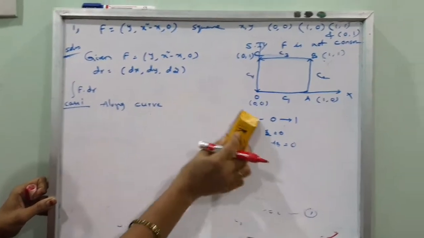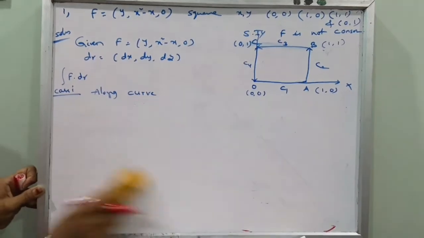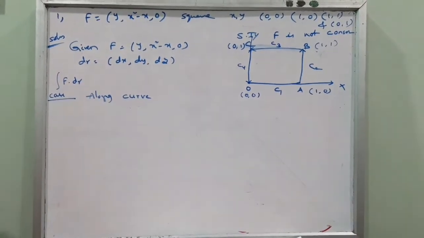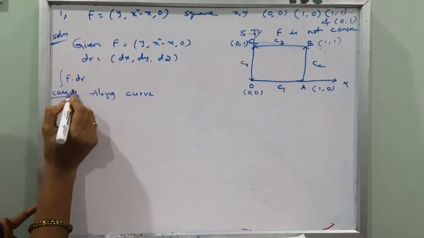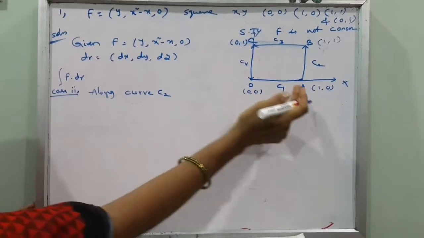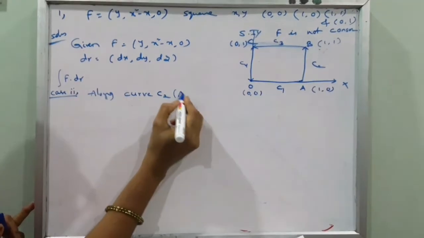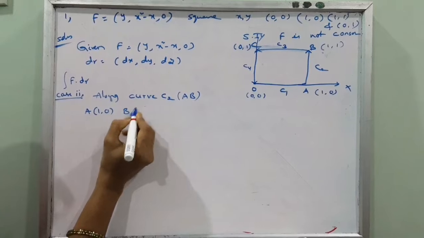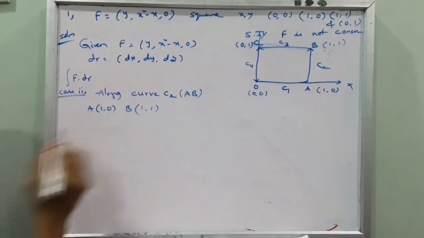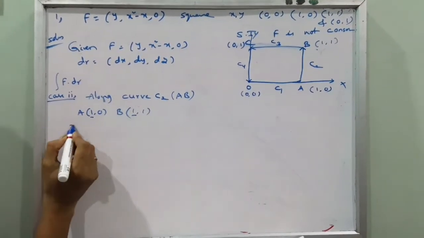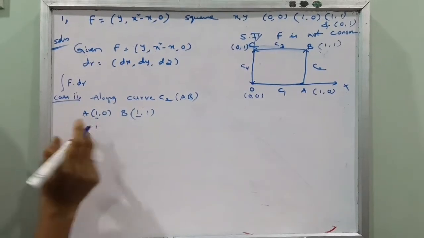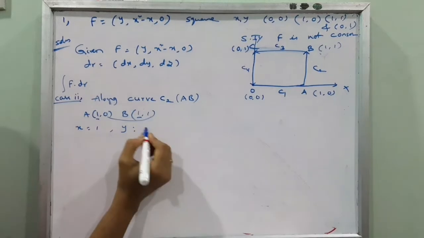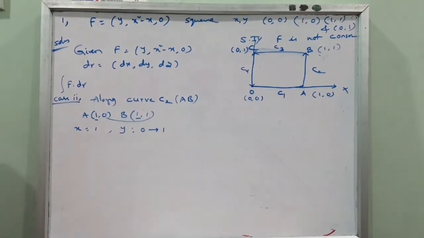Now along curve C2. This is case 2. Along curve C2, which is nothing but AB, the vertex A is (1,0) and B is (1,1). The common coordinate is x equal to 1, so the y limits become 0 to 1.